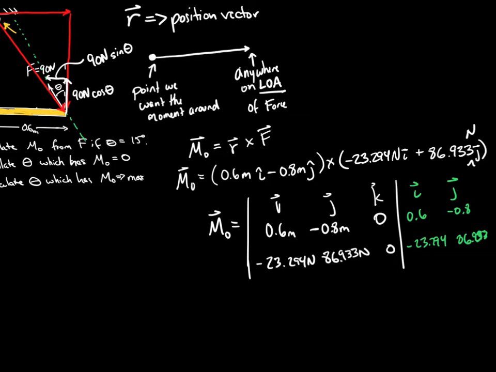The first one went through here, and then through here, and then you come back this way. You basically multiply all the lines going down and to the right, and then you subtract all the lines going down and to the left.